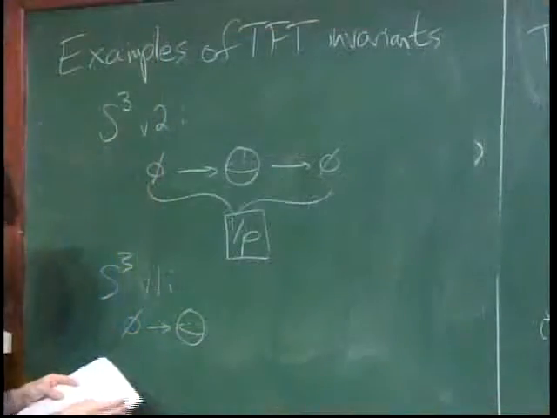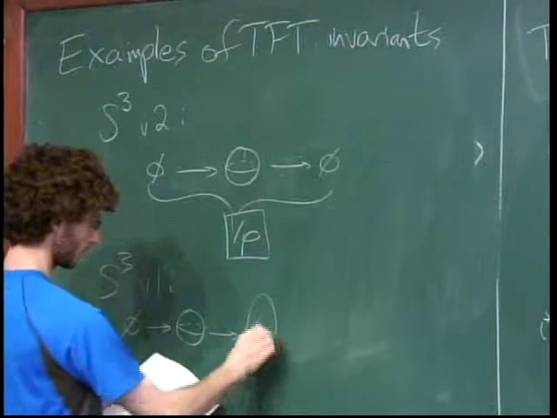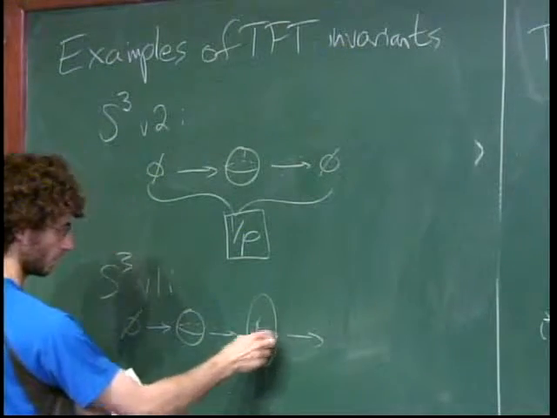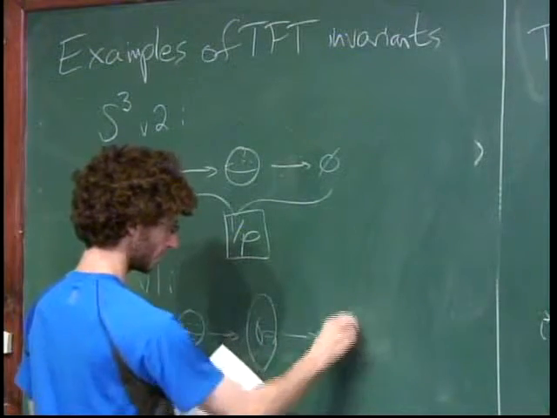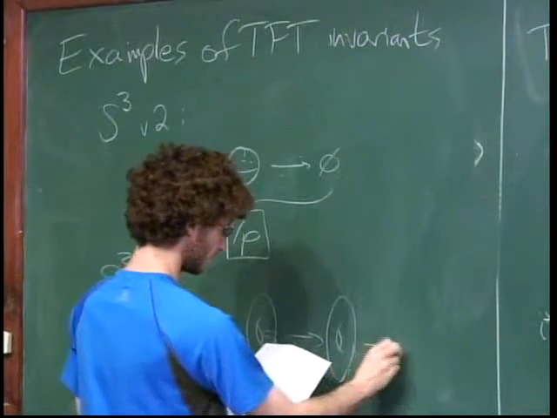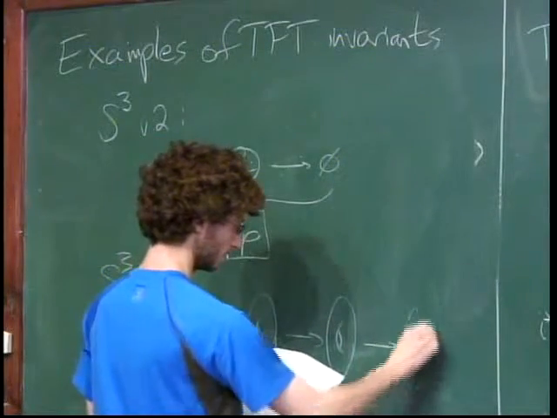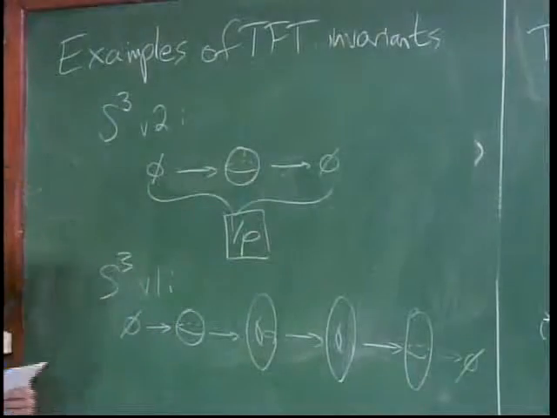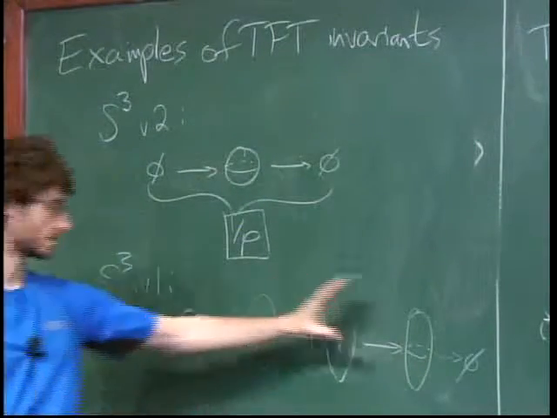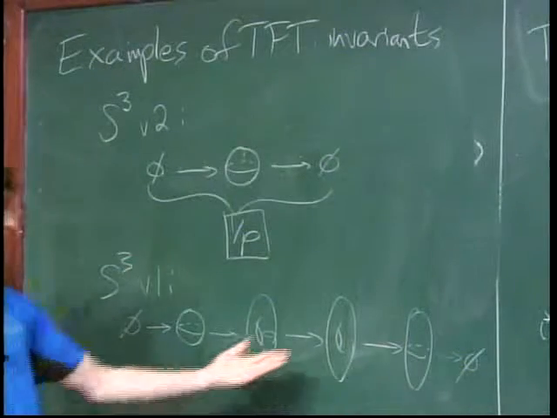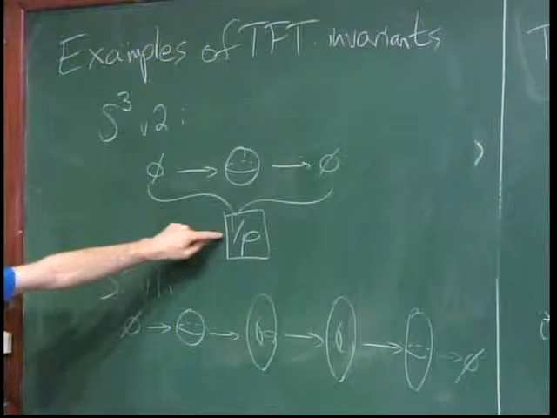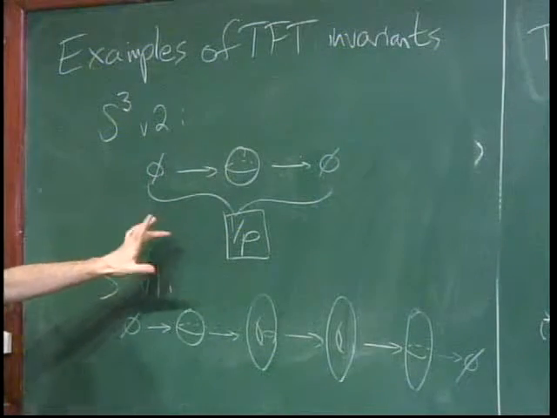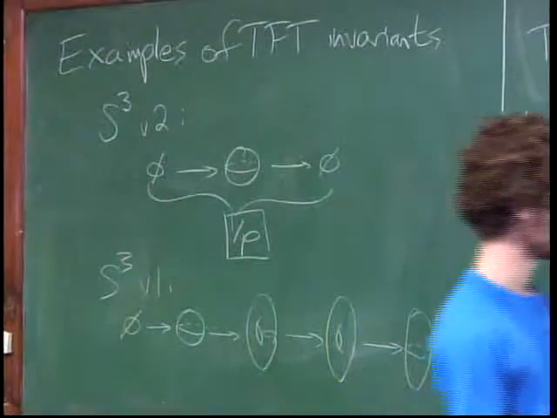You could take S3, punch a hole in a sphere, do a Dehn twist along this one leg to get back to a sphere, fill in that hole to get back to a torus, and then fill in that hole to get to a sphere in the empty set. You can check that that also produces an S3, and you could compute the invariant, and you'll see that it's different than the invariant you computed here. And so you really can see exactly the way in which this invariant depends on the bounding four-manifold.